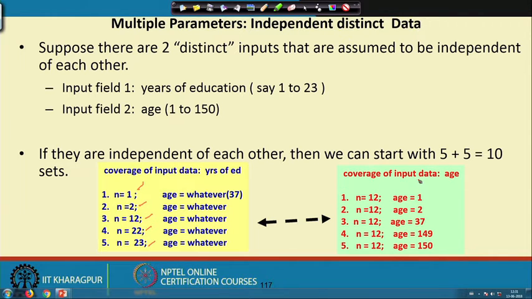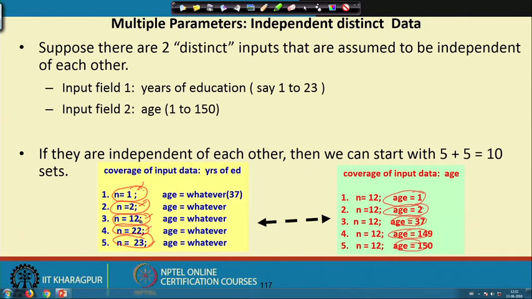Now, how do we define the test cases? By combining these two sets of boundaries. One way is that we just represent each of these in the test case and take any one value from the other equivalence class for the other parameter, and similarly we define test cases corresponding to each of the boundaries here.